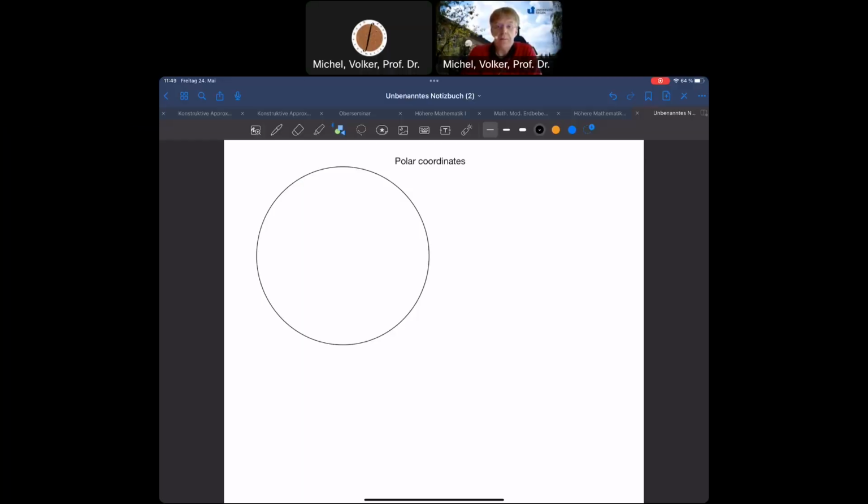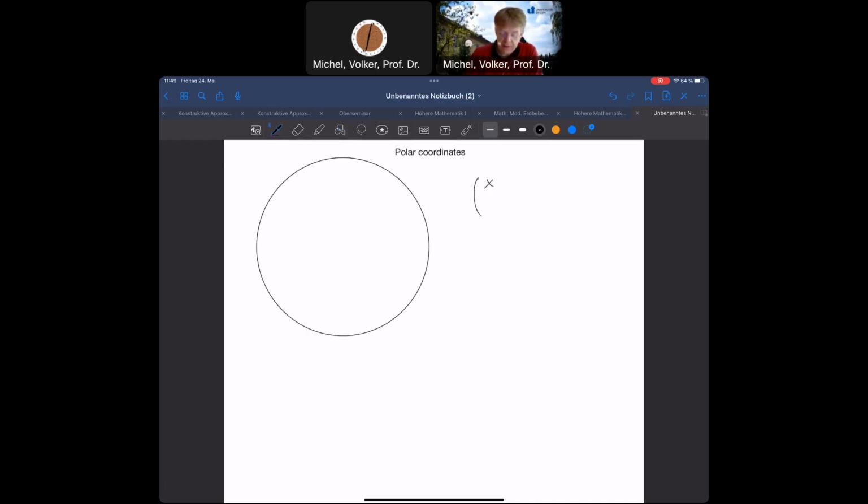Before we have a look at polar coordinates in 3 dimensions, we will have a look at 2 dimensions. First of all, we start with a 2-dimensional sphere, also known as a circle line. And you might already know how this is parameterized. You say that the points x1 and x2, you can say also x and y if you wish, are parameterized by cosine phi and sine phi.